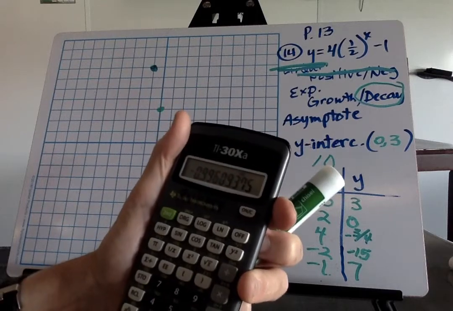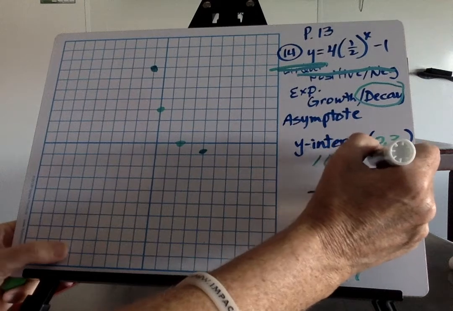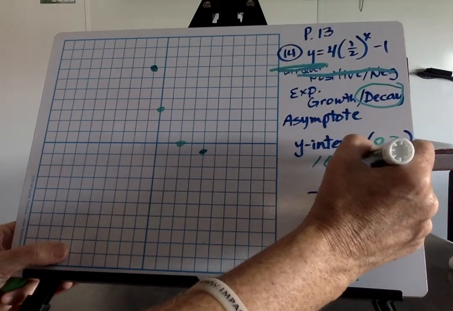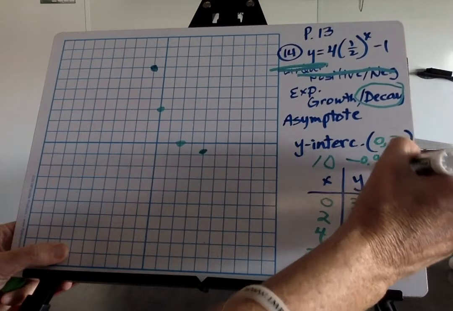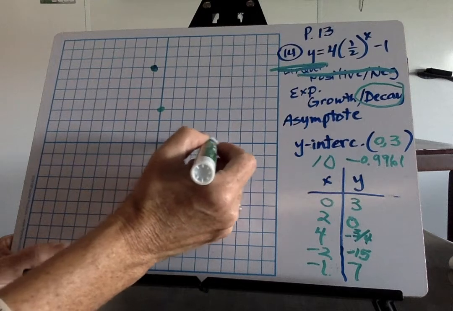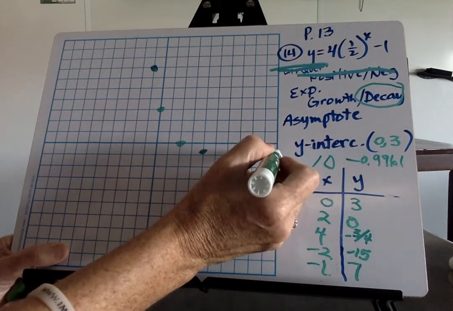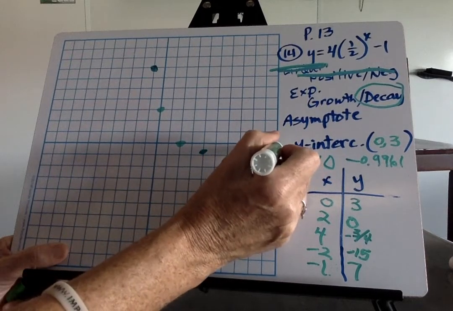So I'm going to put -0.9961. I'm going to round to the nearest 10,000. So if I go all the way to 10, it's getting super, super close to that -1, but it will never reach it.